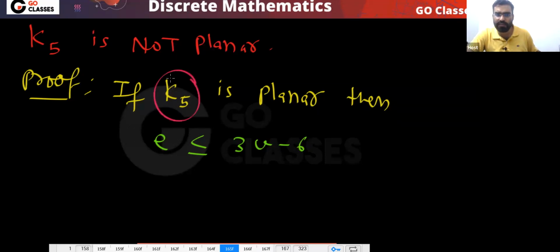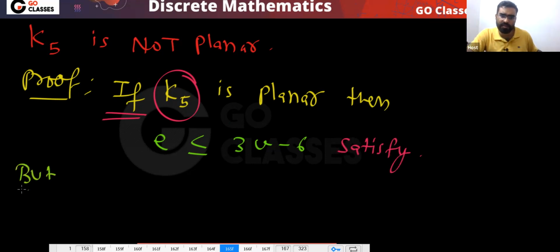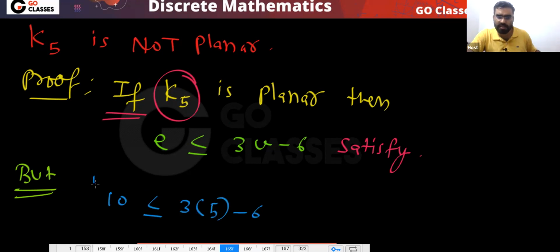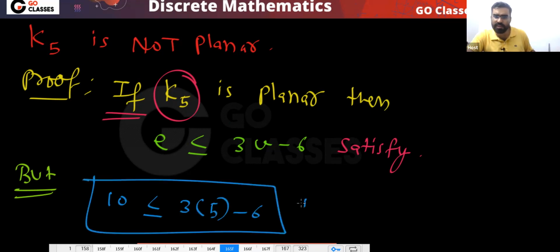Yes or no? If K5 is planar, then this should be satisfied. But does it satisfy? You can notice the number of edges is 10, and 3 times the number of vertices 5 minus 6 is 9. It does not satisfy. So this is the reason K5 is not planar.